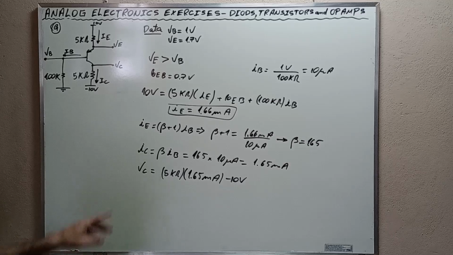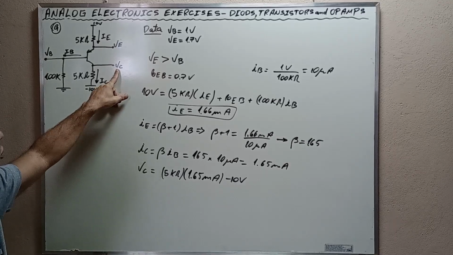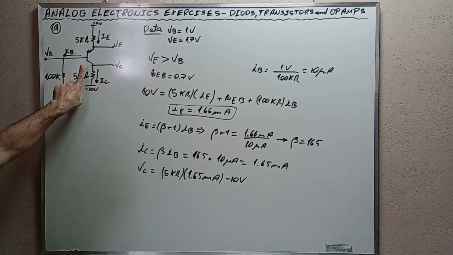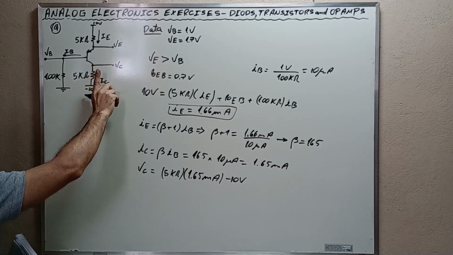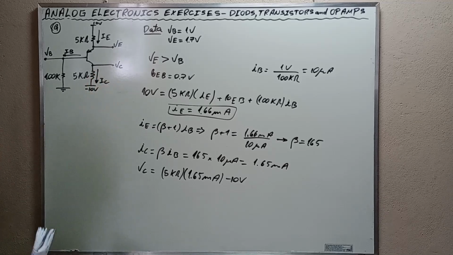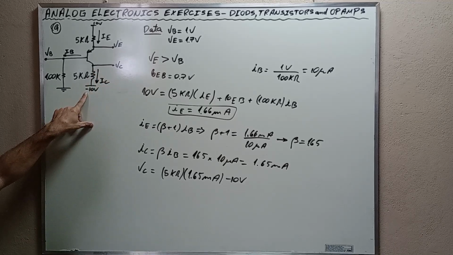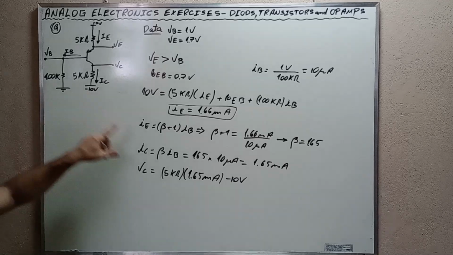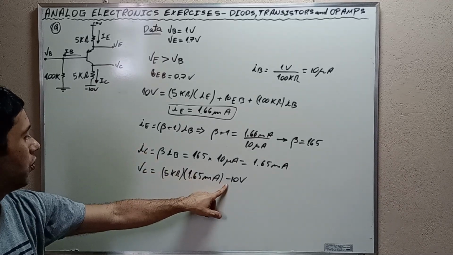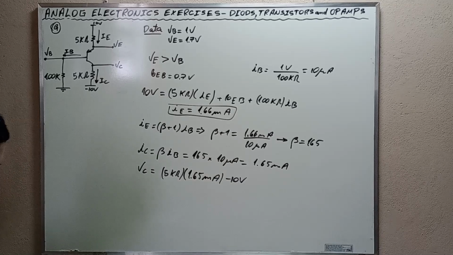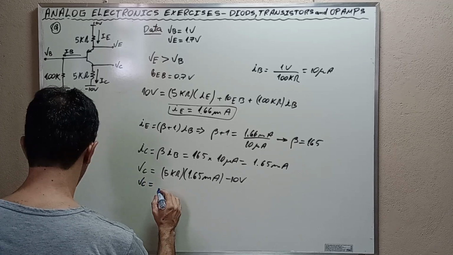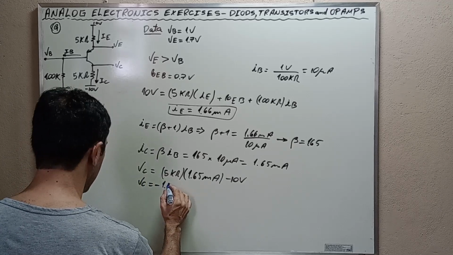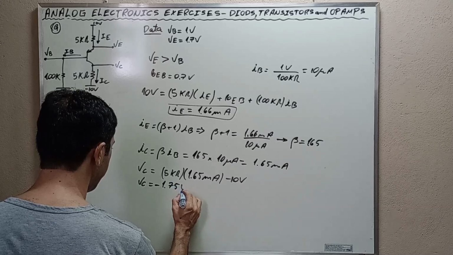Okay? VC is going to be equal to the voltage here. As IC is going downwards, the voltage drop is going to point upwards, and I have a negative source here. Then I add the negative source. And then I find that VC is equal to negative 1.75 volts.